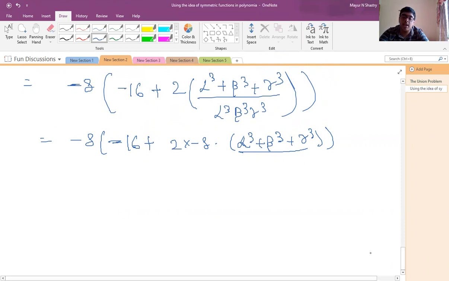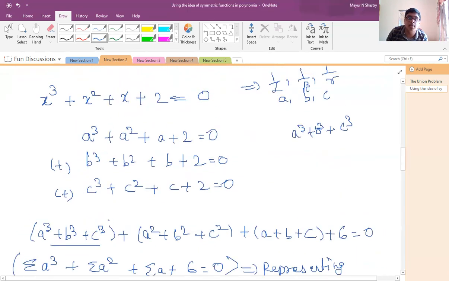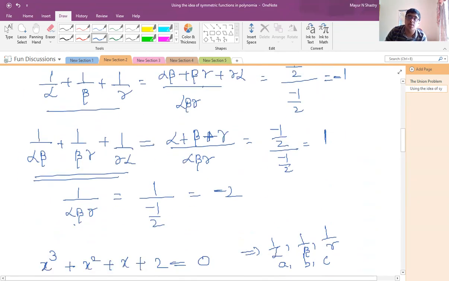Because if you replace any two of alpha beta or beta gamma or gamma alpha, you would get the same expression. It doesn't change. So now alpha, beta, and gamma are the roots of this equation. The given equation, what was given in the problem? 2x cubed plus x squared plus x plus 1 equals 0.